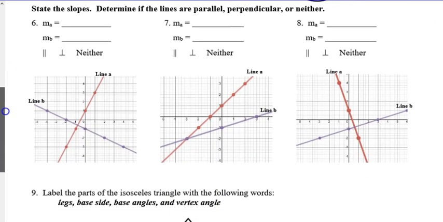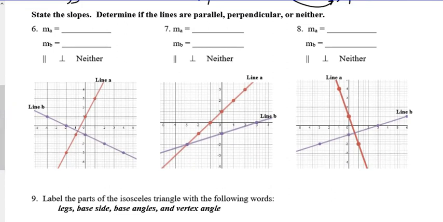On these, you don't have to bother doing the formula. You can just count. So line A, always check y first. I can go from this dot and go up 1, up 2, right 1, right 1. So 2 over 1, or just simply 2. Now remember, if I can write my name on this and it's going uphill, I have a positive slope. This one, consequently, is going to be a negative slope because my name is going downhill.